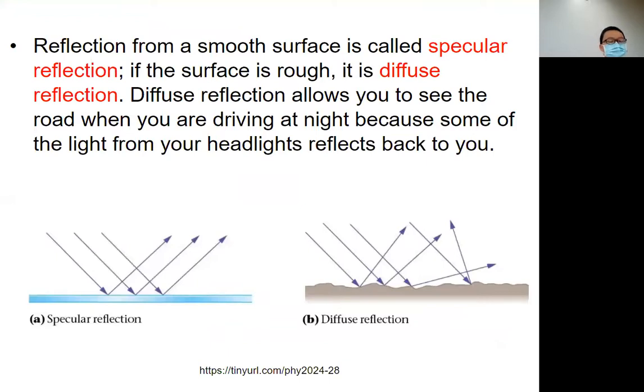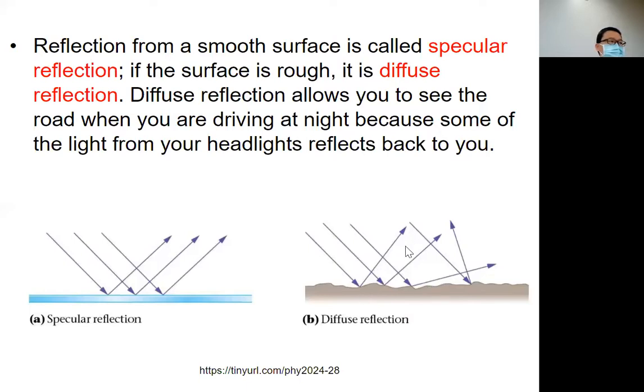Now, if you have a very smooth surface, then parallel rays with the same incident angles come in, hit the surface, and get reflected at the same angle with respect to the normal direction. Otherwise, if you have a rough surface, parallel rays hit at different locations, and the normal direction at each location is different.